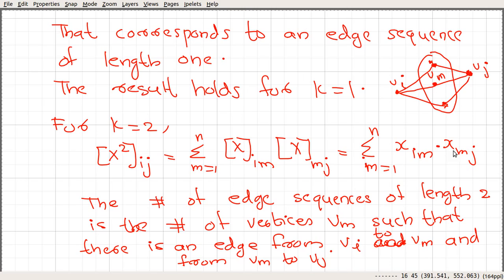So these two numbers hold that information, by the definition of the adjacency matrix.